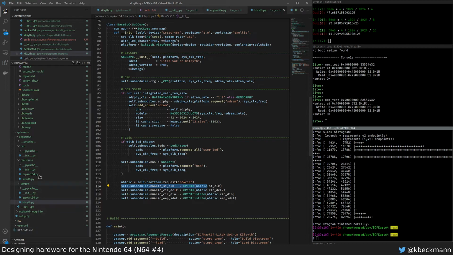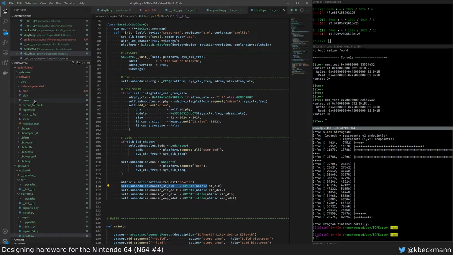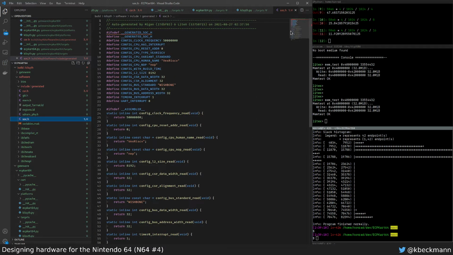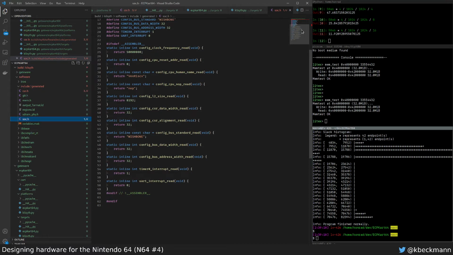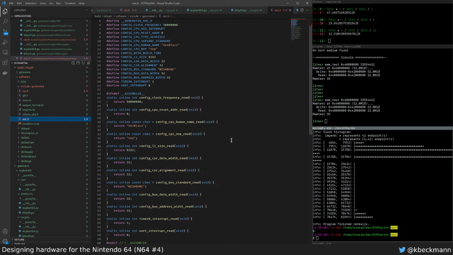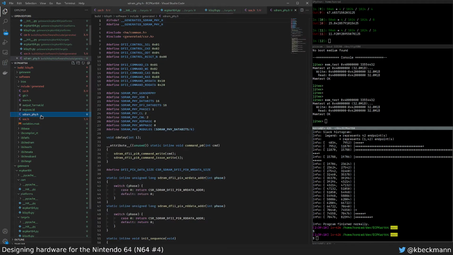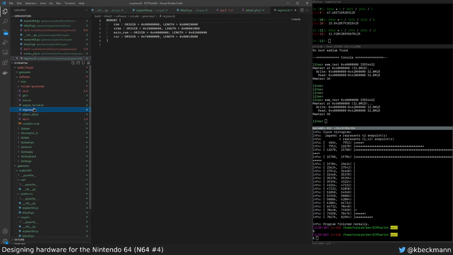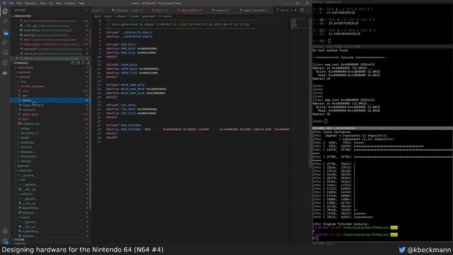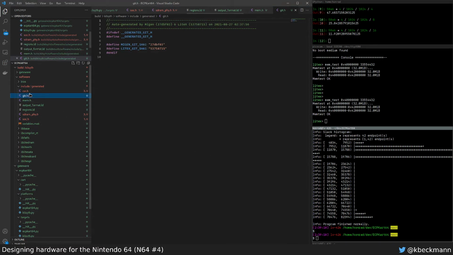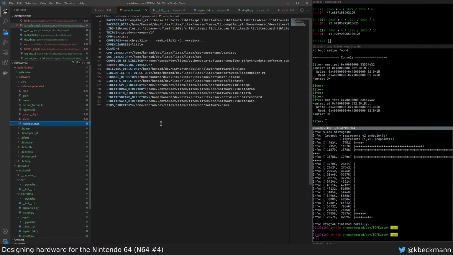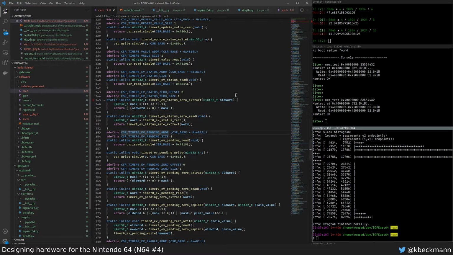So let's just have a slow look at the various headers. Okay, so it should be in the CSR.h. Maybe it gets generated later.